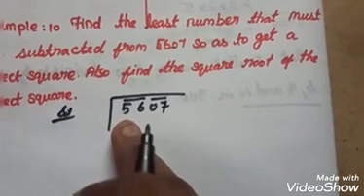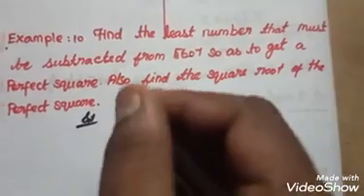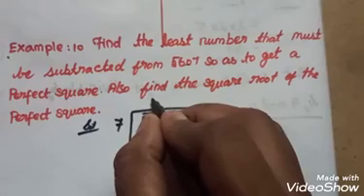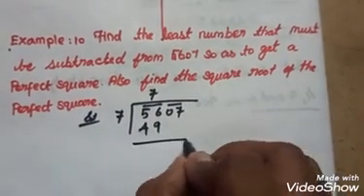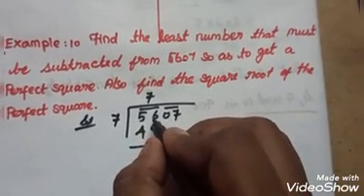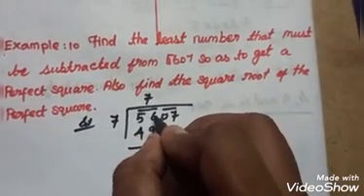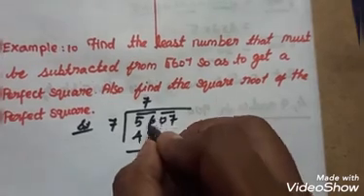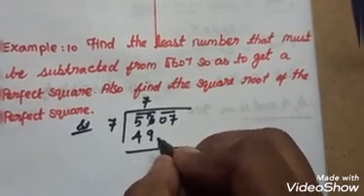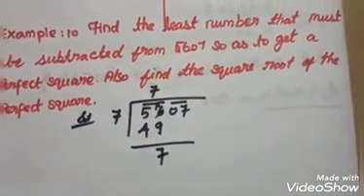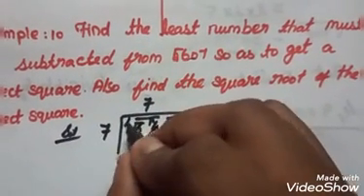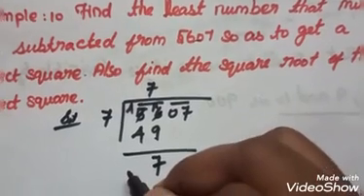So 64 is more than 56, so you take 7. 7 sevens are 49. Now you borrow from 5, it becomes 16. 16 minus 9, what do you get? 7. So this 5 becomes 4. 4 minus 4, now it becomes 0.